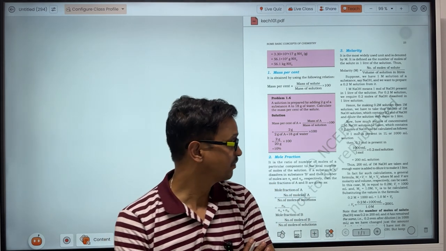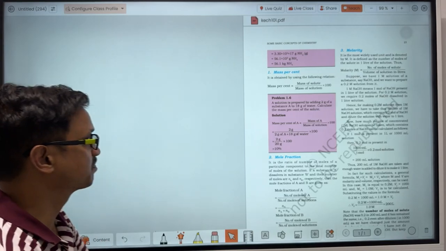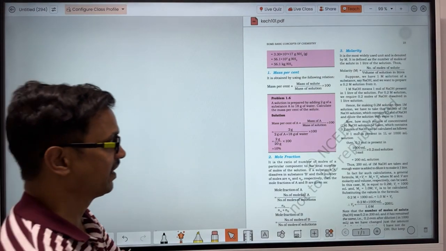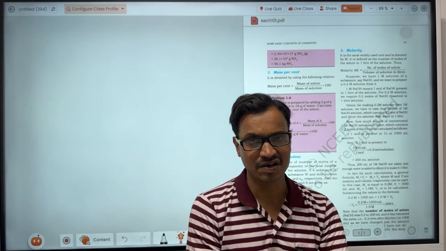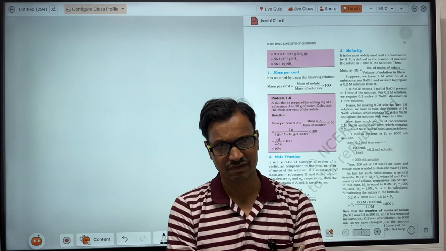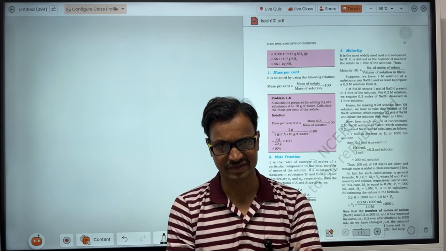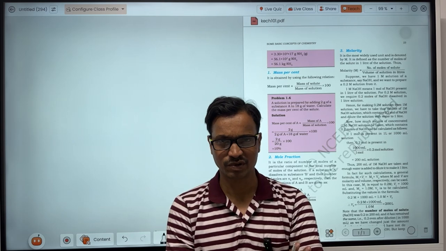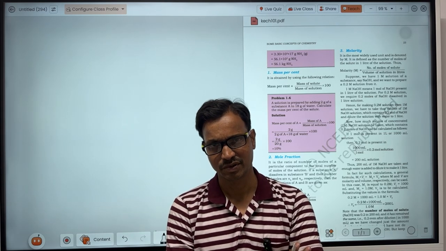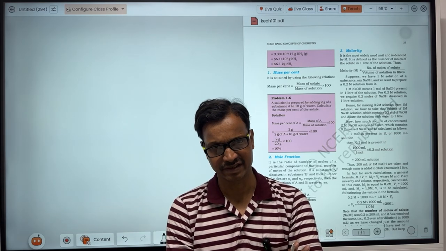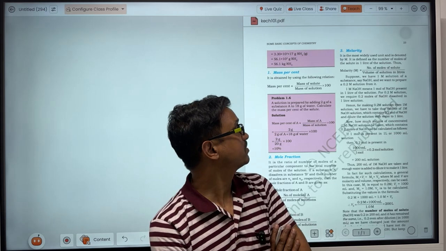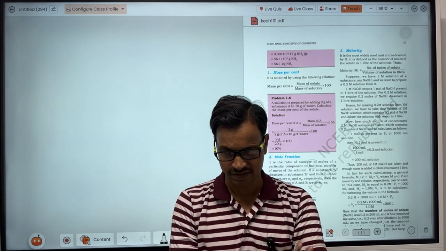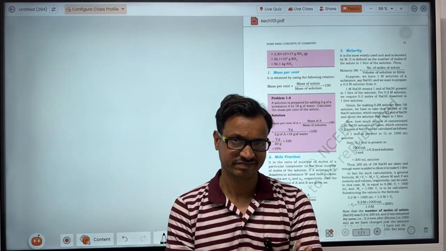In the same way here, mass percentage means when the total mass of the solution is 100 gram, then what will be the amount of the solute or the solvent? That will be called the mass percent of the solute.